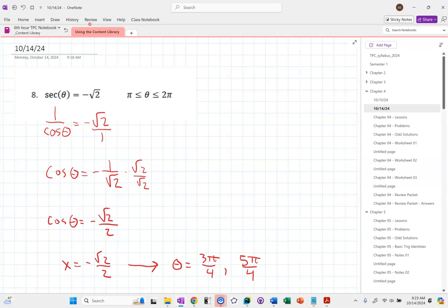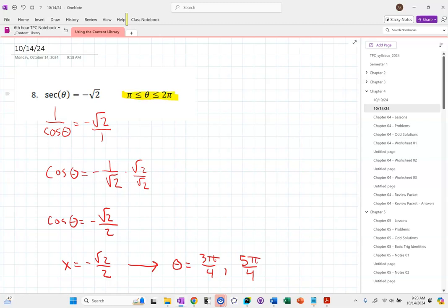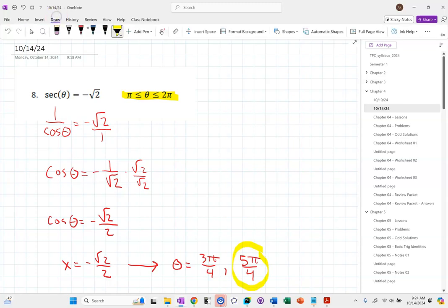If you look at your unit circle along with me, you'll see that those are the 2 same places. Now my answer has to be between pi and 2 pi. Well, 3/4 of a pi ain't gonna do it, right? 3/4 is not between 1 and 2. But 5/4, or 1.25, is. So that's my answer.